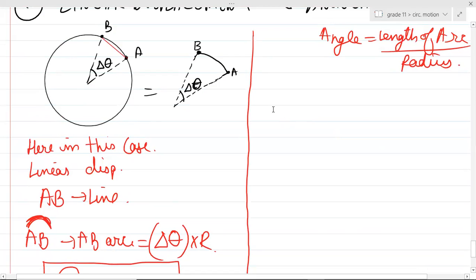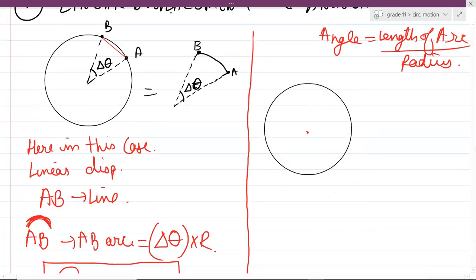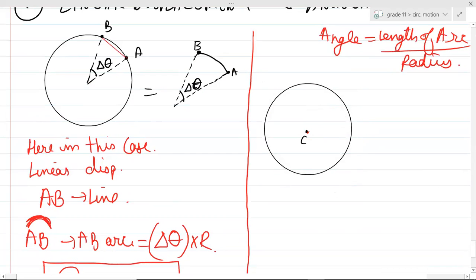if I have the same circle, but I have a very small angle, can you see a very small angle, guys, d theta? If this angle is very small, then that implies point A and point B will lie very close to each other. And if I use a line, then can you see in this case, guys?